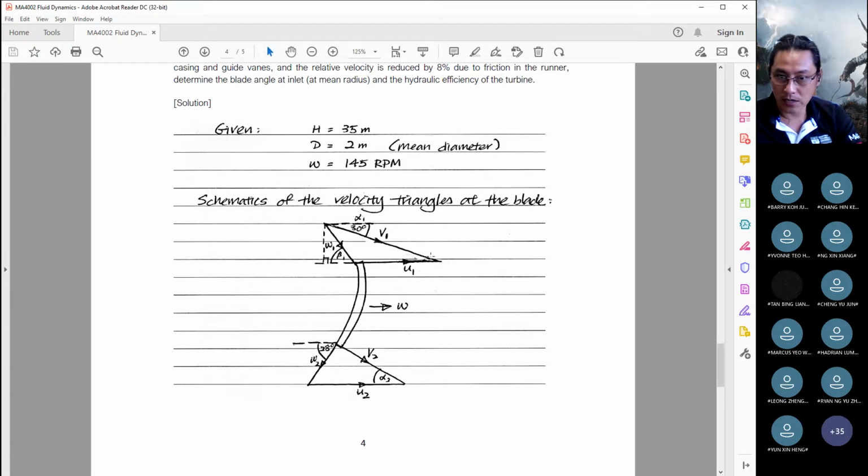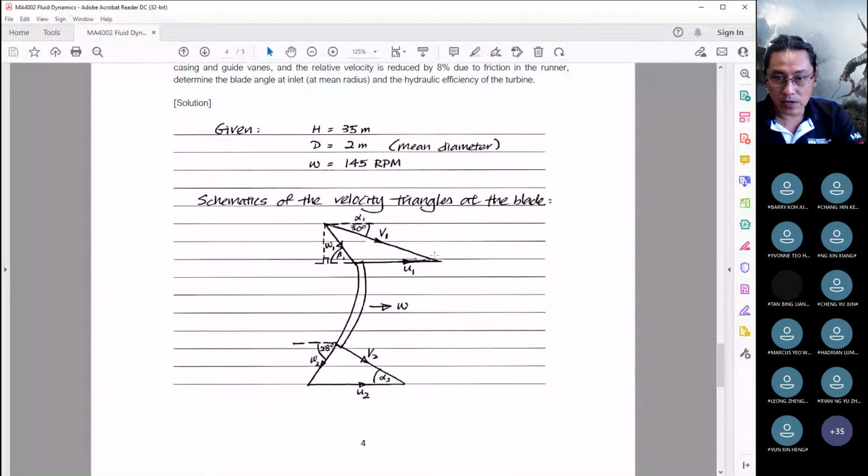Of course, these are velocity triangles. Later you can move the vectors around, but I just want to make sure that you will not be confused or bewildered by all these changes. So this will be W1, this will be U1 because the whole turbine blade rotates at the same tangential velocity, the blade velocity, and this will be your V1.